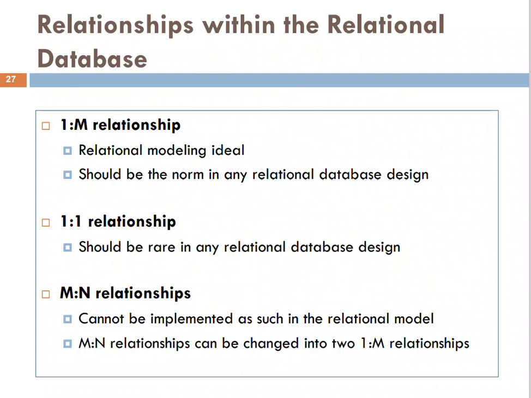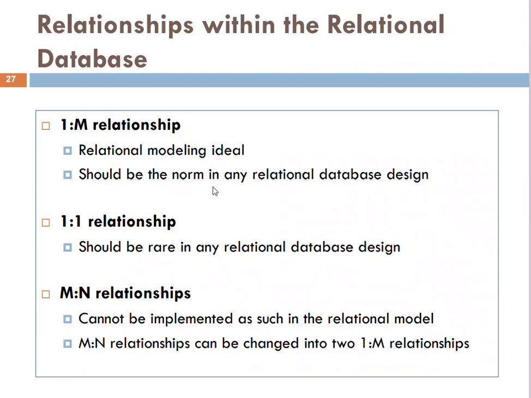Next we come back to these three types of relationship: one to many, one to one, and many to many. I have mentioned this previously, but let's refresh. One to many is a relational modeling ideal.